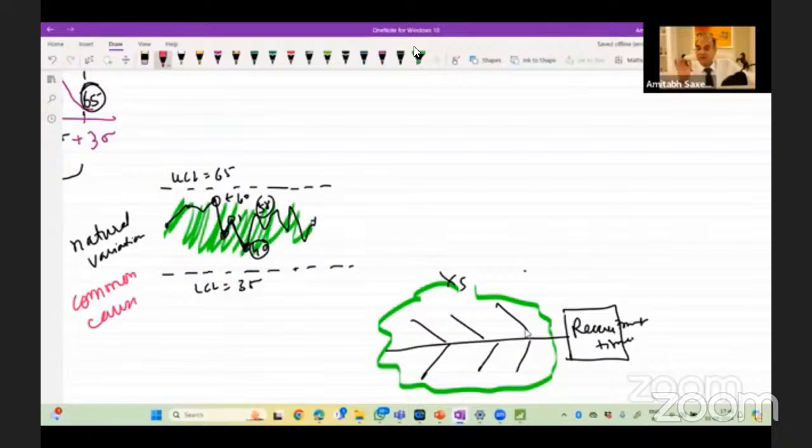Now, don't manage the common cause variation, going up, feeling worried, going down, feeling happy. That's not the right thing to do. Now, when should you worry? Let me tell you that. If suddenly one recruitment took 100 days, then you should take action. This is known as special cause variation.